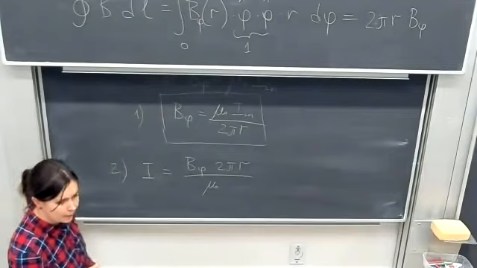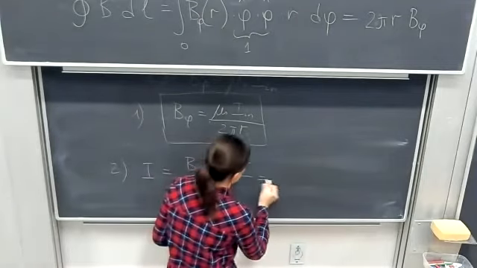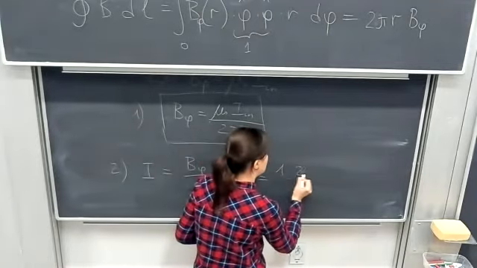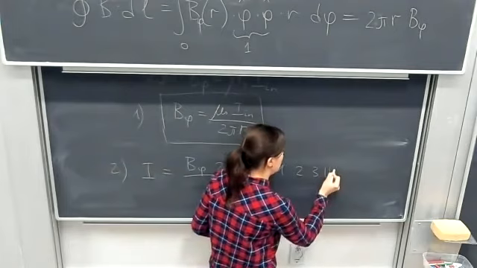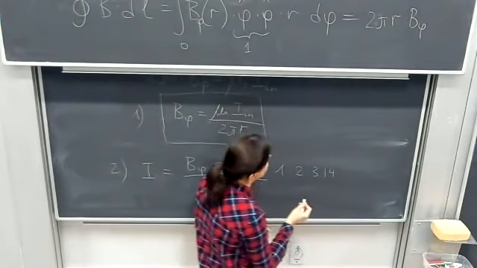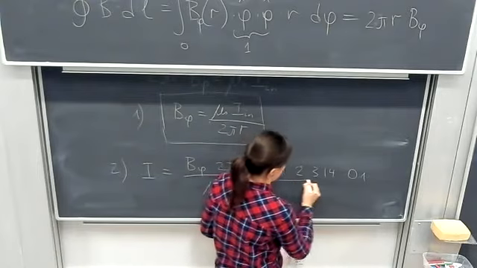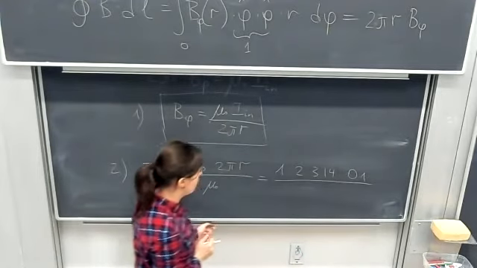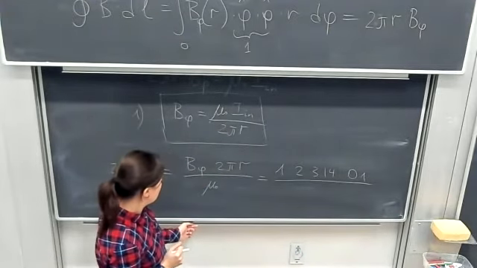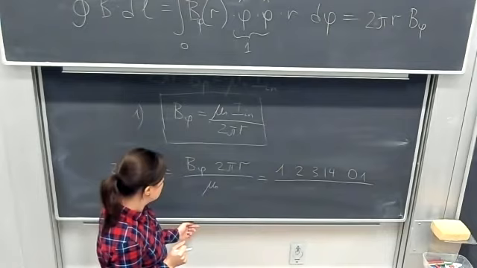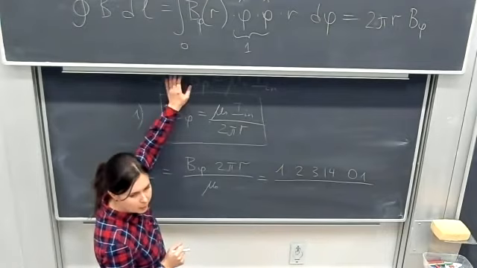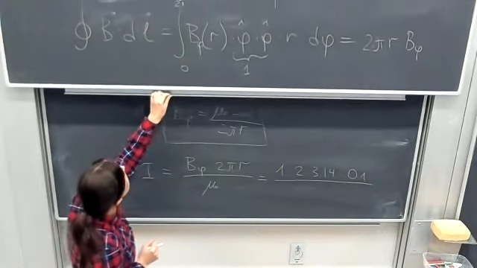And we have everything, so we can substitute values. 1 Tesla times 2 pi, r is 10 centimeters from the conductor, and mu naught is the permeability of free space.